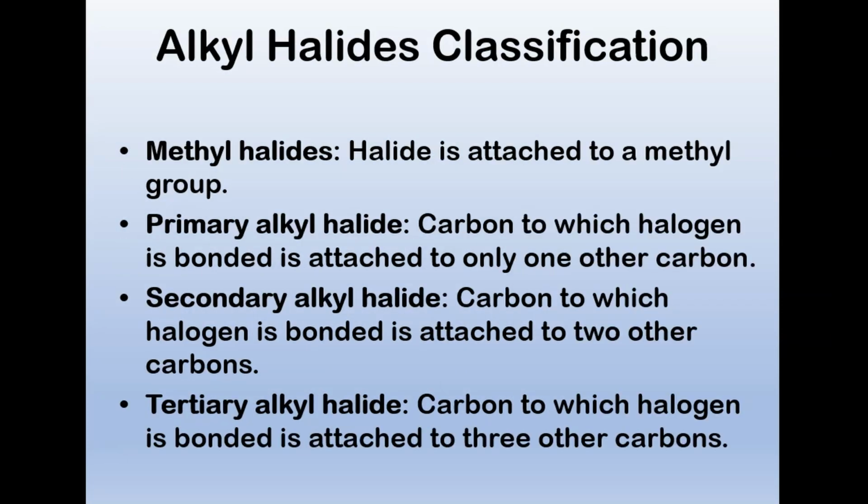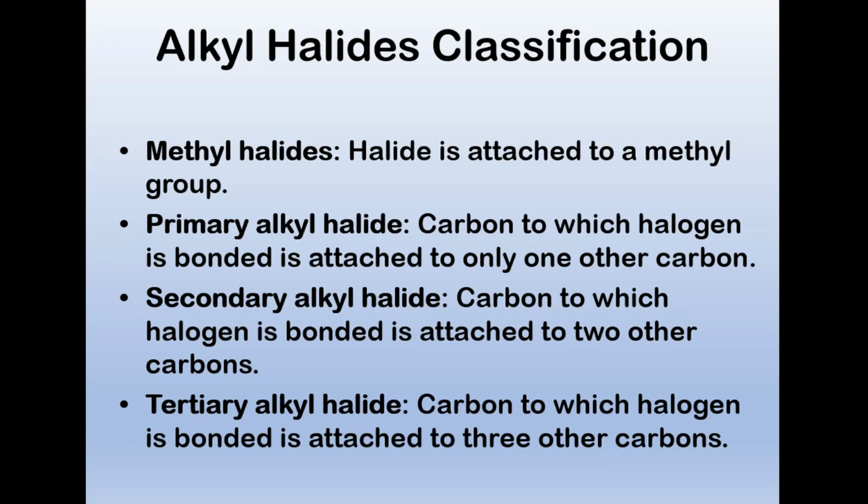Now, since we know sec-butyl and tert-butyl, we know what primary, secondary, and tertiary mean. So we can classify our alkyl halides the same way. We have methyl halides, where the halide is attached to a methyl group. We have primary alkyl halides, in which the halide is on a carbon that is only attached to one other carbon. Well, it could be attached to a long chain, but it only has one carbon attached to it.